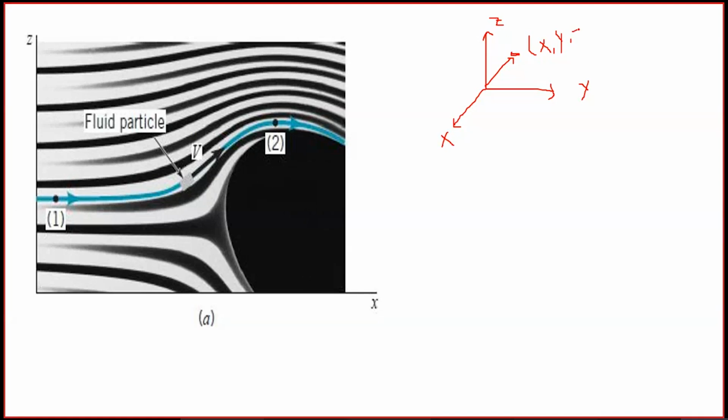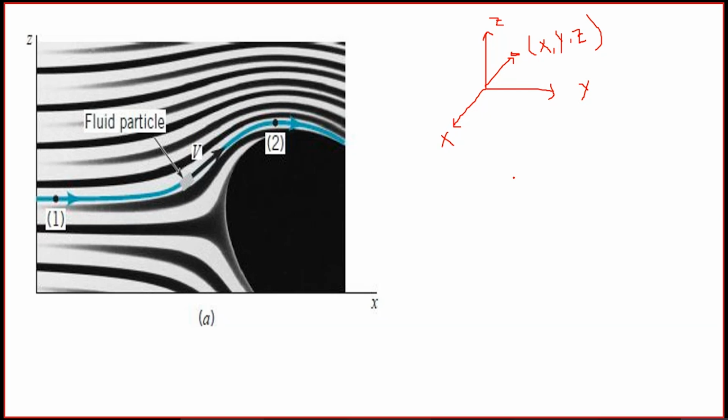So the particle would be considered in 3 dimensions. The motion of the particle would be 3-dimensional motion. But most of the flow situations which we will encounter in this course, as well as generically in daily life problems, would be 2-dimensional situations, or the 3-dimensional situations we encounter can be modeled as 2-dimensional. So most of the time we will be encountering 2-dimensional flow patterns.